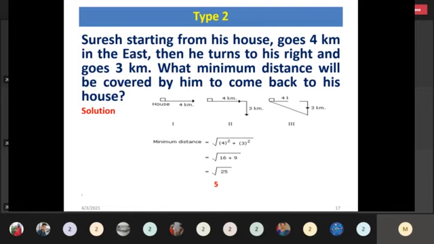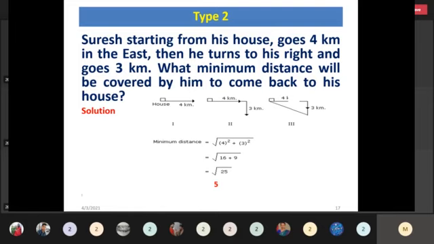So the directions we have drawn here, that is the minimum distance. For this example, we make use of the Pythagoras theorem. They are asking for the shortest distance, what minimum distance he will cover to come back to his house. The other sides of the triangle are 4 kilometers and 3 kilometers.